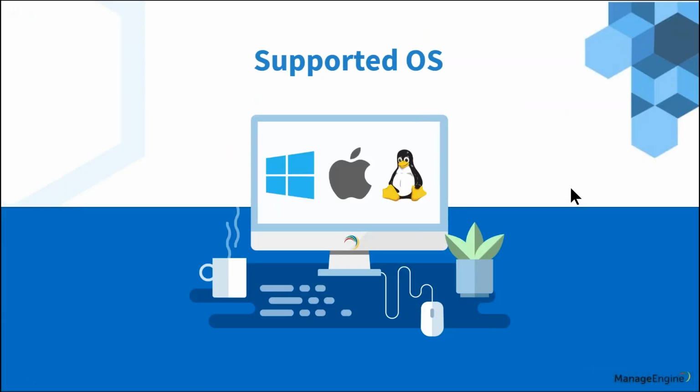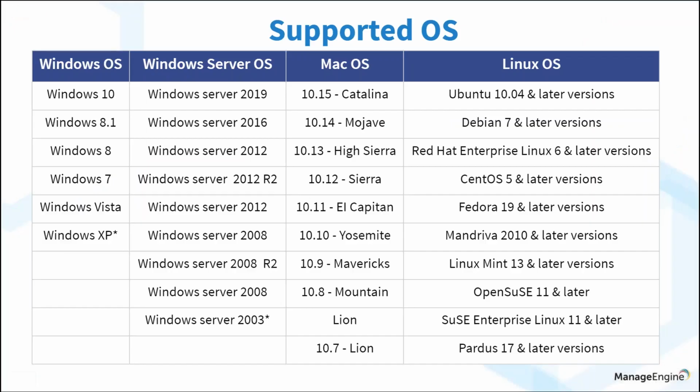So here comes the next important topic, which is supported operating systems. In Desktop Central, we support all major flavors, right from Windows, Windows Server, Mac, and Linux. So this is the supported operating system list. As you can see, we support right from Windows 7, Windows XP, Windows Vista, and all major versions.